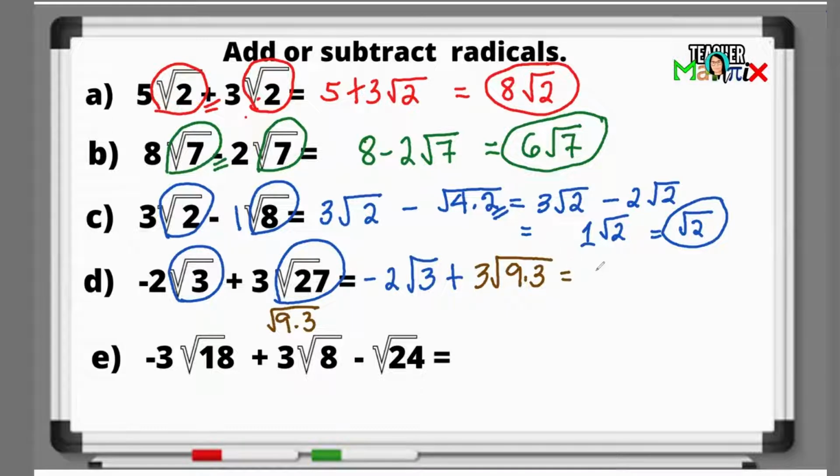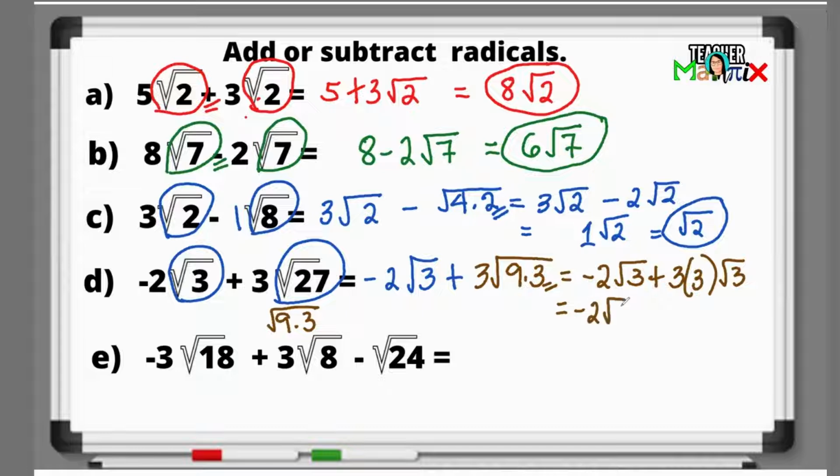Okay. Copy negative 2 square root of 3 plus 3. And then get the square root of 9, which is 3. And then copy the remaining radicand, square root of 3. Then simplify.